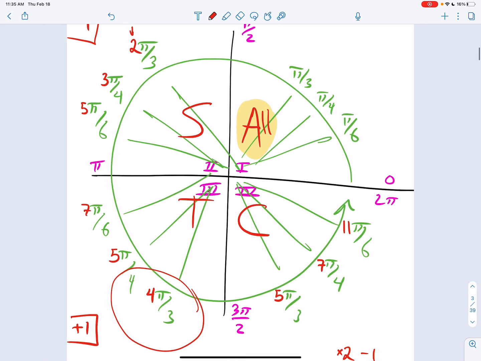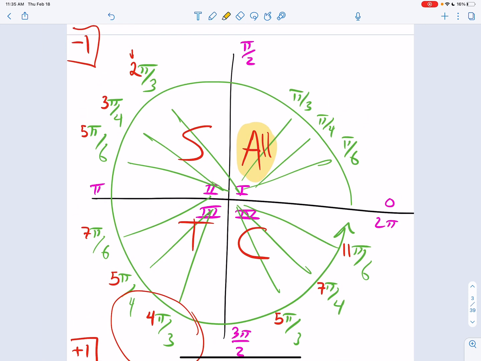All trig functions will be positive, okay? Or all trig ratios. If you have an angle somewhere in quadrant 2, the only thing that's going to come out positive is sine, okay? And its reciprocal, okay? If you have an angle in quadrant 3 and you're dealing with tangent, tangent will come out positive. Everything else will come out negative. If you have an angle that's in quadrant 4, the only thing that will come out positive is cosine and its reciprocal, okay?